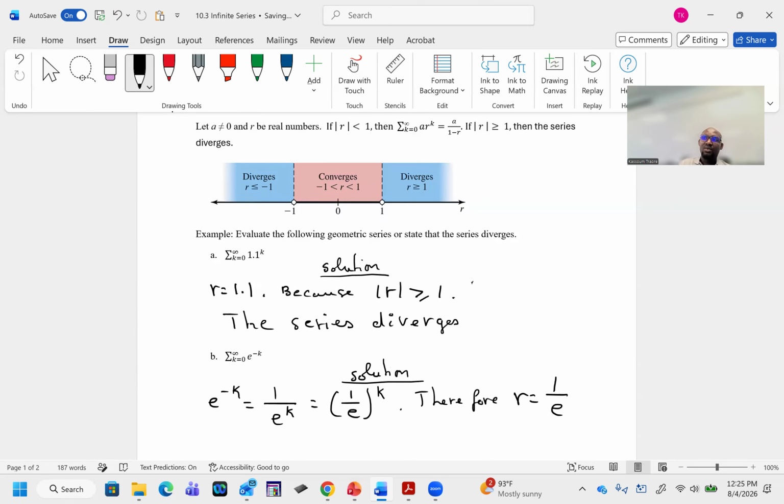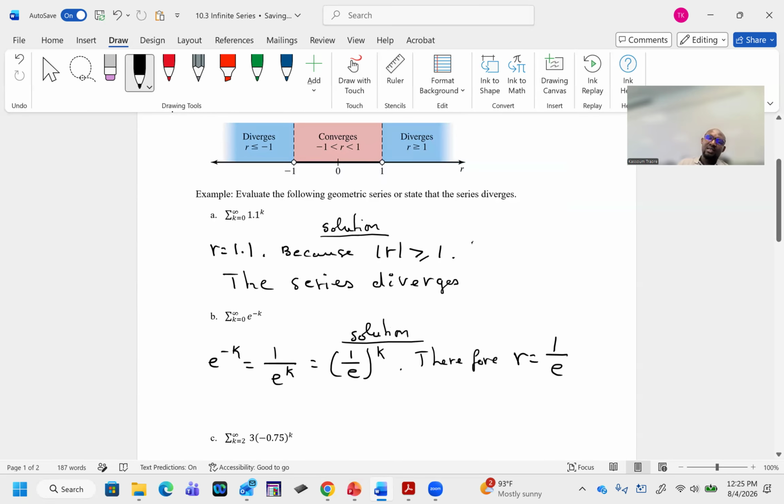And since r is 1 divided by e, by looking at the sum, what is a? a is the coefficient, right? There is no coefficient, so we can see a is what? 1.